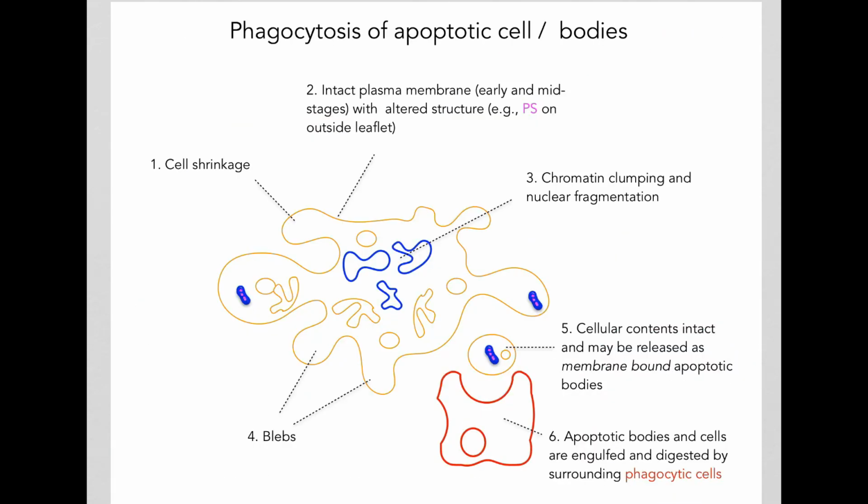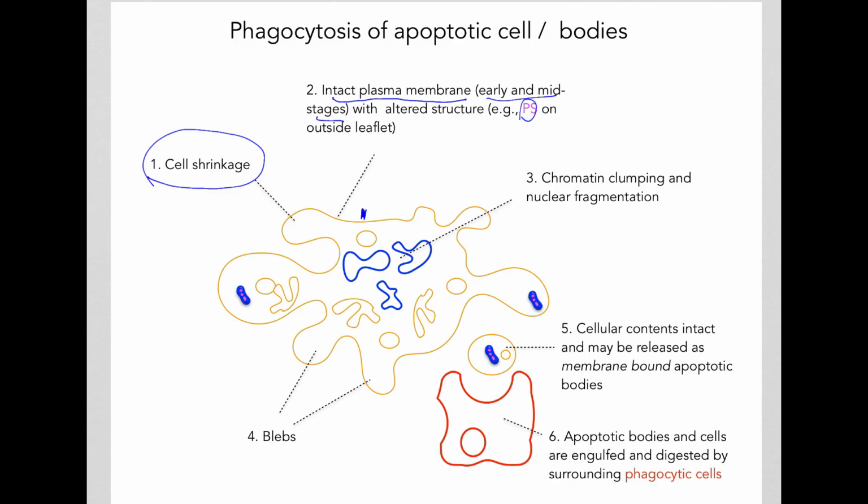So what you see in an apoptotic cell because of these executional caspases, we see morphology, for example, the cell shrinks. The plasma membrane is intact, especially in the early and mid stages. There might be a rupture of the plasma membrane in the later stage. However, the plasma membrane is altered. Remember, for example, the phosphatidylserine is present on the outside.